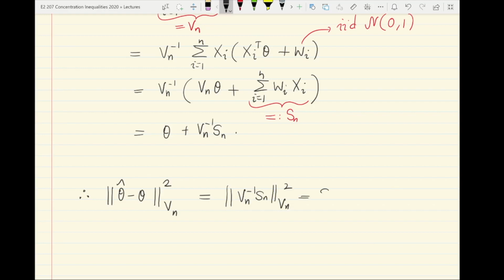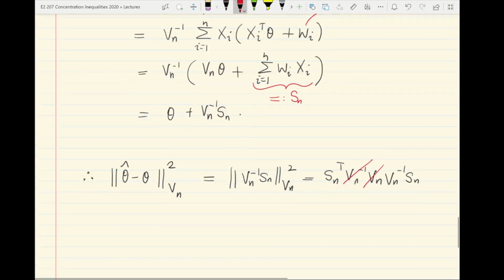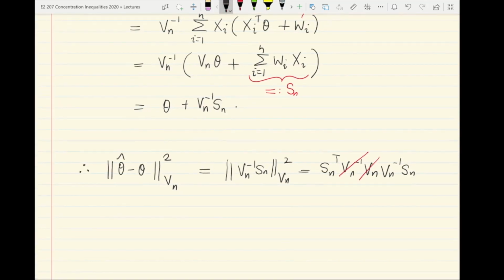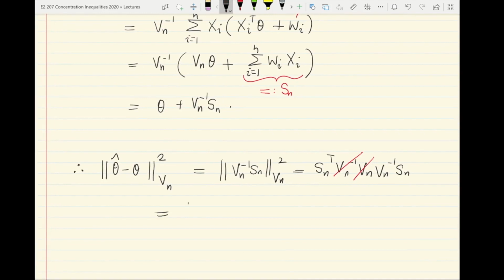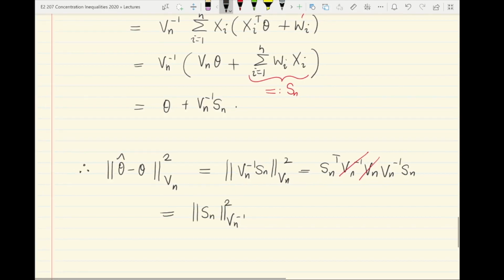This by definition is Sn transpose Vn inverse, followed by the Vn in between, and then again Vn inverse Sn. And so these can cancel. So it's equivalent to a certain inverse matrix weighted norm of this quantity Sn.